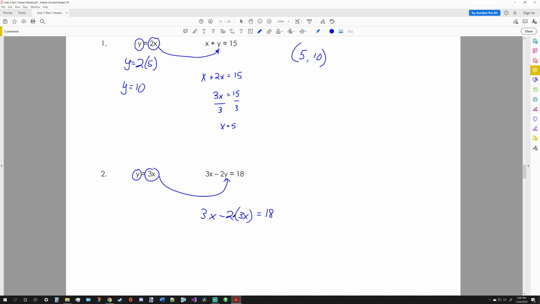And now we distribute. Combine like terms. And divide by the coefficient, so get x by itself. So we divide by -3, and we get x equals -6.